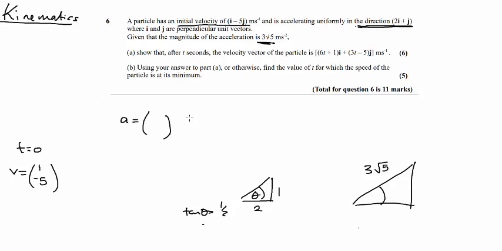Okay, so tan half. Let's find what this angle is. 26.57. So this is 26.57.